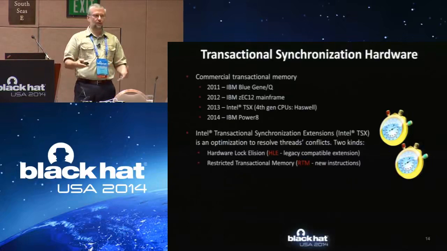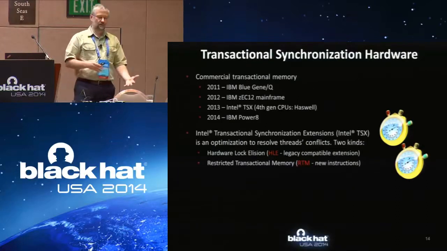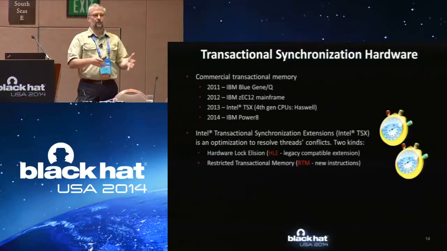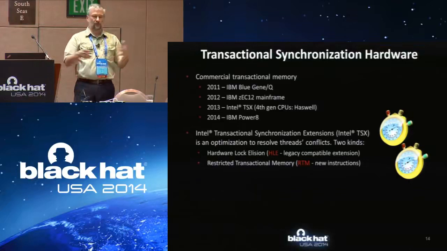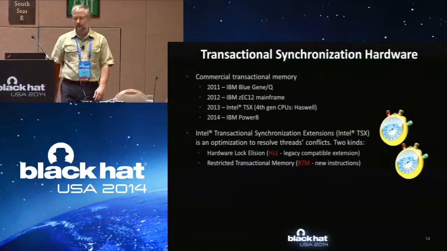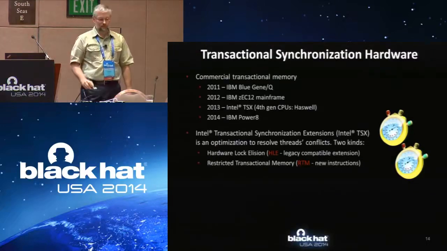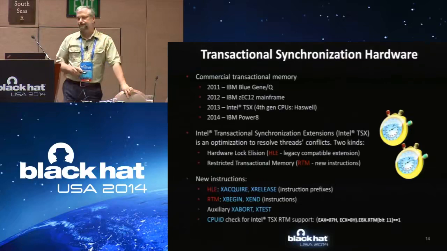They achieve the same goal, but through a slightly different level of compatibility. HLE is easier to put into your program, but it doesn't give you full flexibility. RTM gives you full flexibility, but you have to make more changes to the software to perform your transactions and detect conflicts between threads.